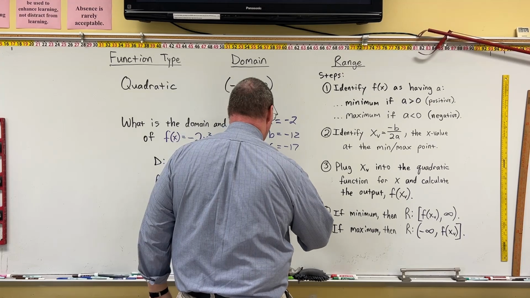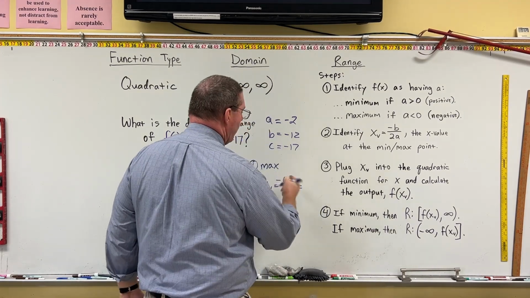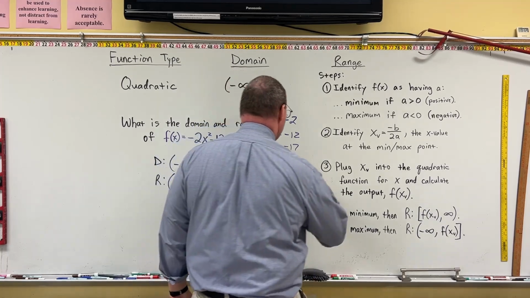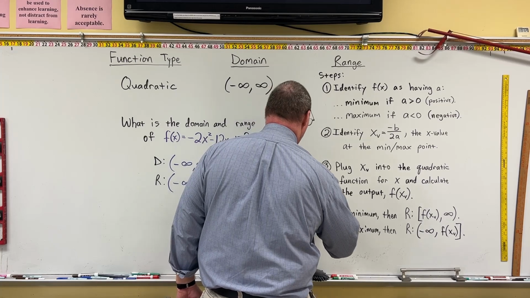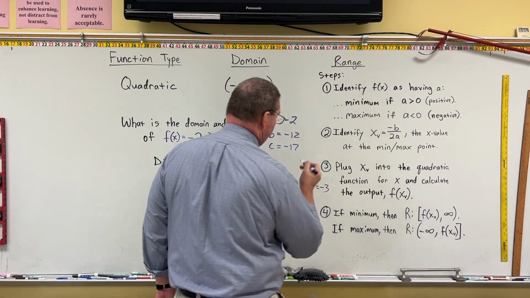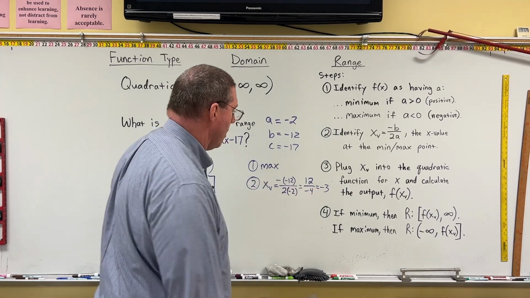And then over 2 times a. Well, a is negative 2. Well, negative negative 12 is positive 12. So that's 12 over 2 times negative 2, which is negative 4. And 12 divided by negative 4 is negative 3, because a positive divided by a negative is a negative. And so x sub v is negative 3.